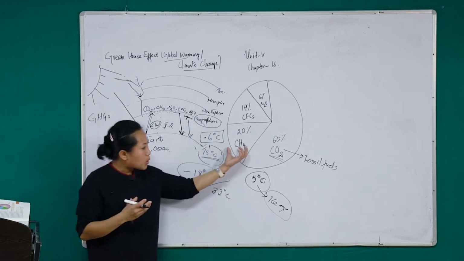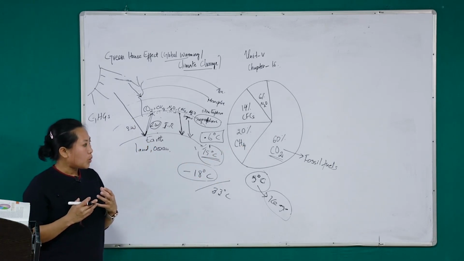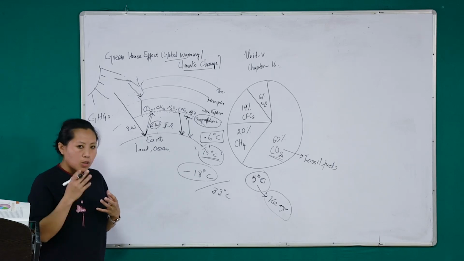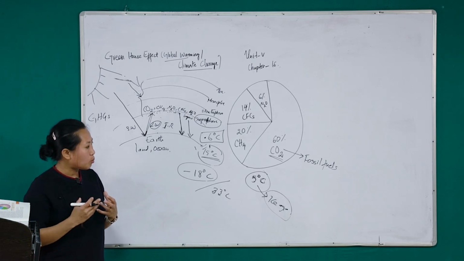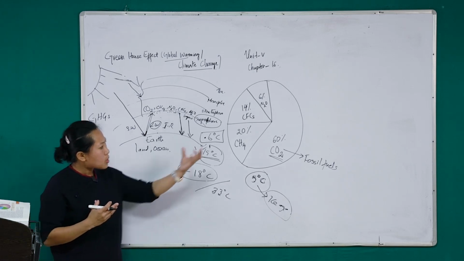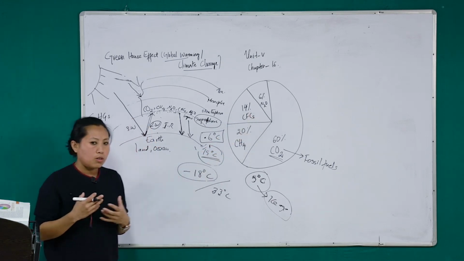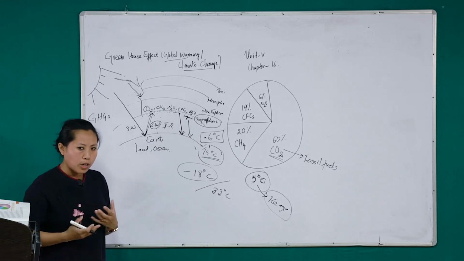And methane is a product of incomplete decomposition of biomass. When there is incomplete decomposition of biomass, methane is released by the methanogens, the bacteria decomposing the biomass. And CFCs are used in refrigerators, air conditioners, and aerosol sprays.